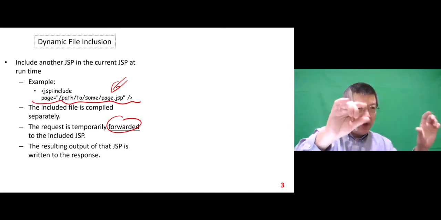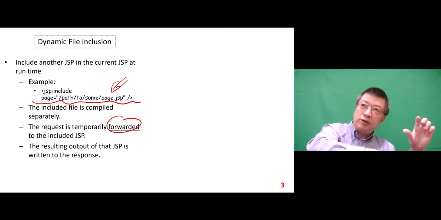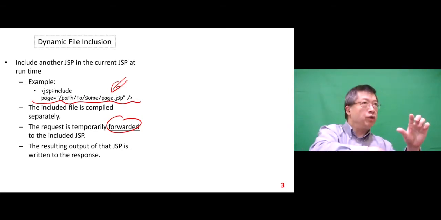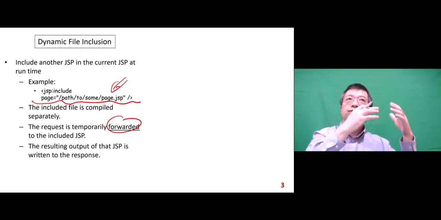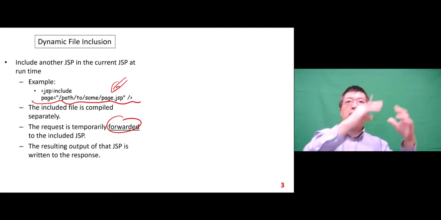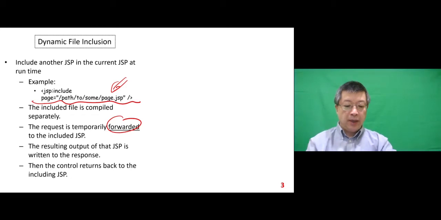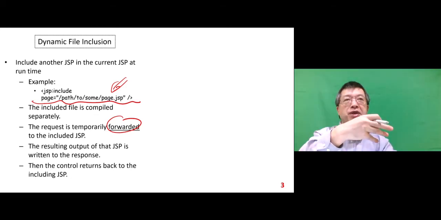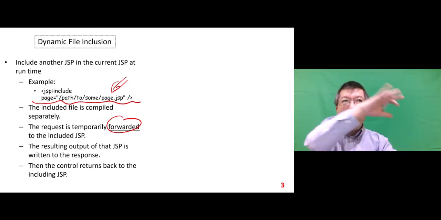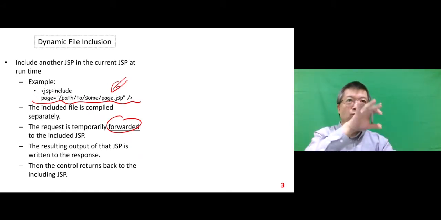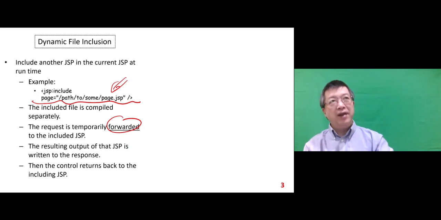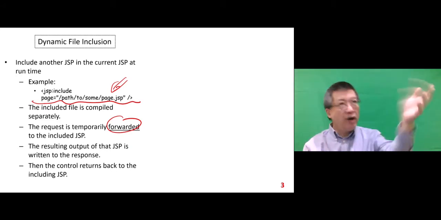After that, you go down and proceed to do the remaining part. Then control returns back to the including JSP to complete the remaining processing work. That is the whole mechanism, how things work.